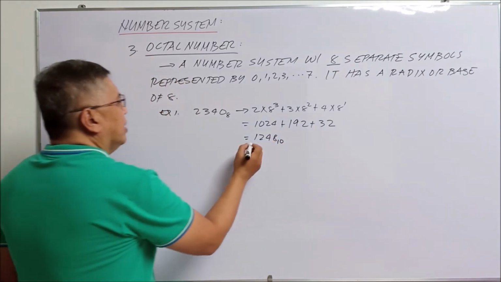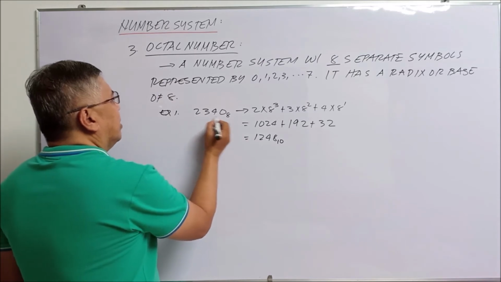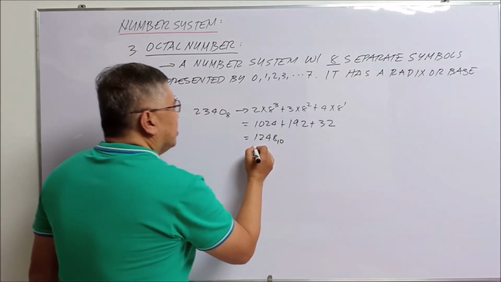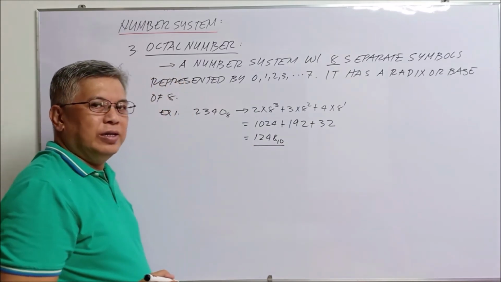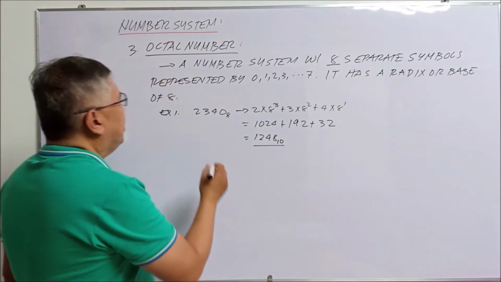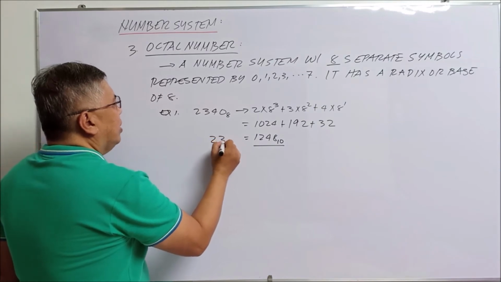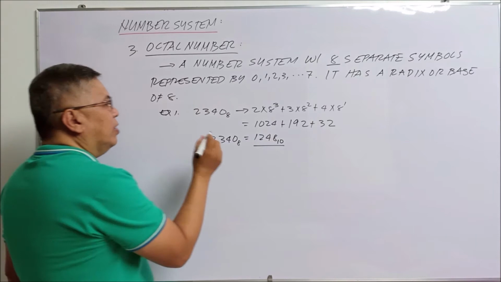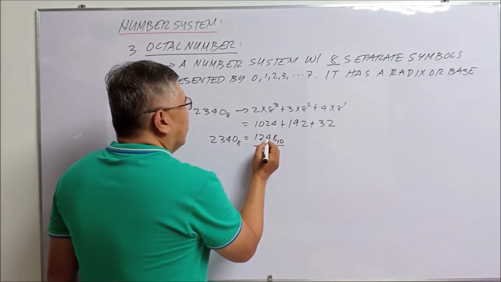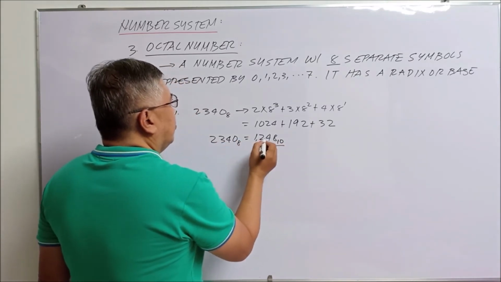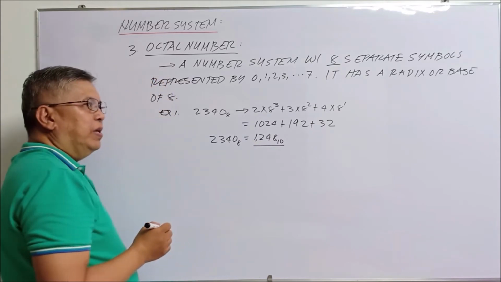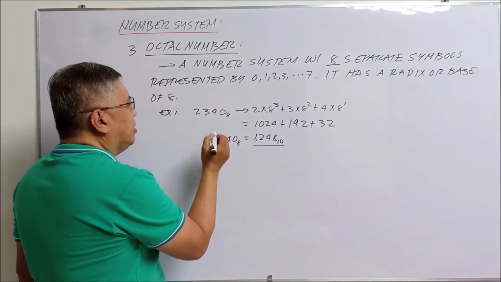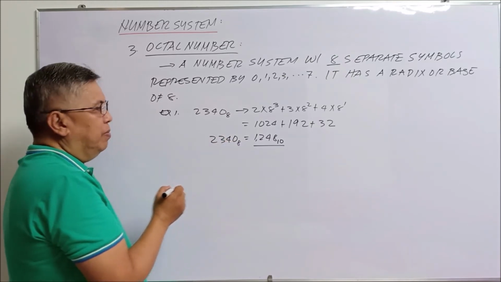So again, once positional notation is obtained, this octal number becomes a decimal number. That means 2340 of base 8 is equal to 1,248 of base 10. Do not read the octal number as 2,340, because that is wrong.